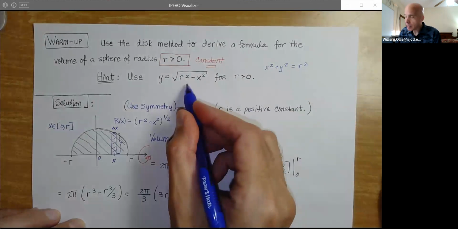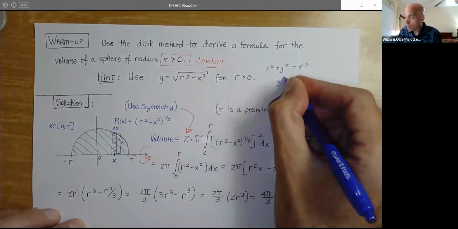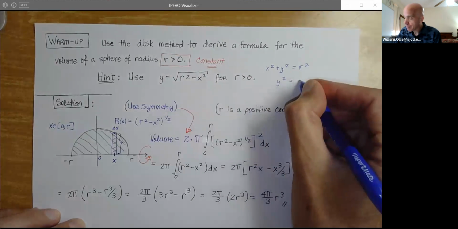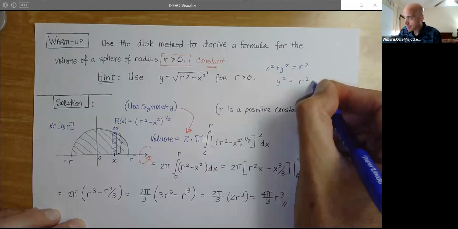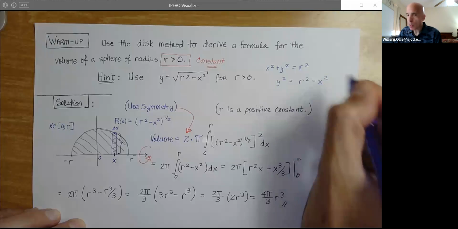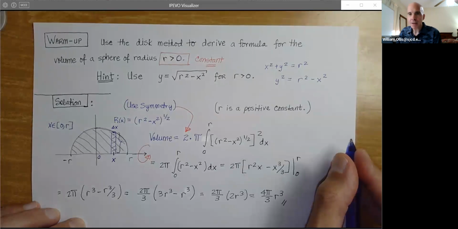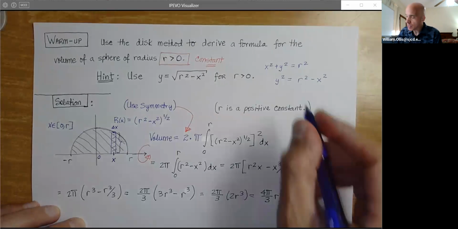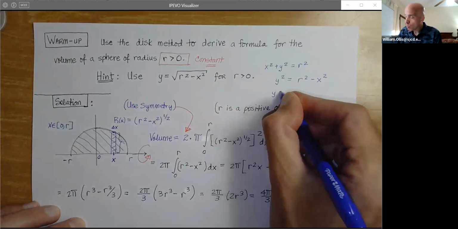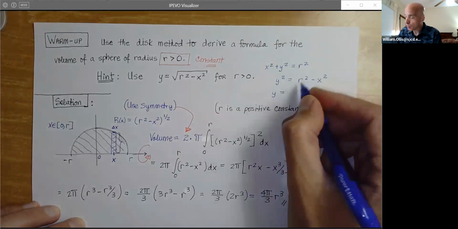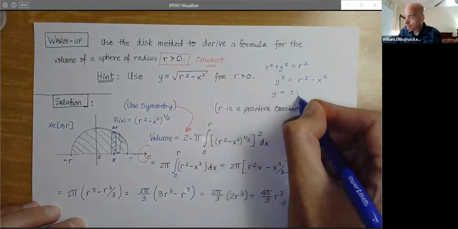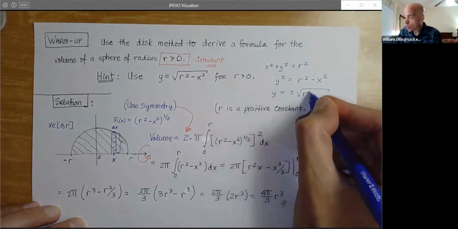And all I did here was just to solve for the y. Again, you know how to do this, but the circular functions and the conic sections often get rusty. And then, of course, we can apply the square root principle, plus or minus the square root of r squared minus x squared.